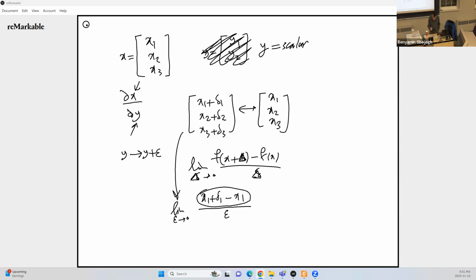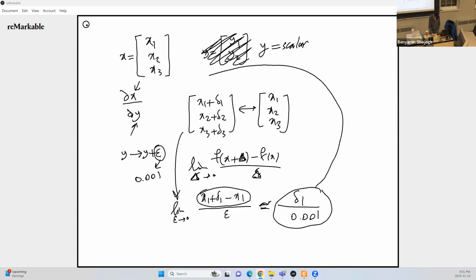Epsilon is a small number, for example 0.0001. So basically they approximate it by delta 1 over 0.0001. This is the numerator. So what is this?